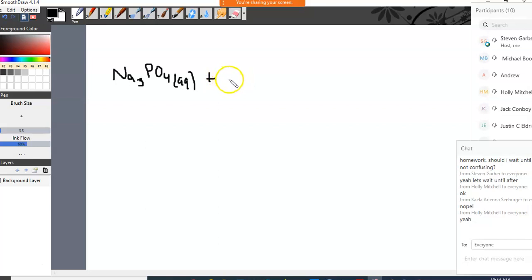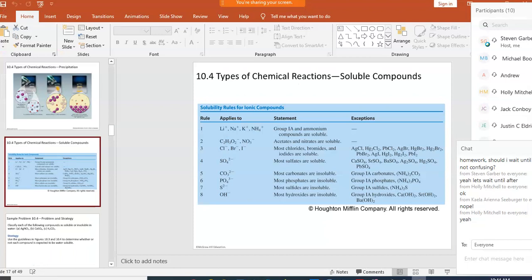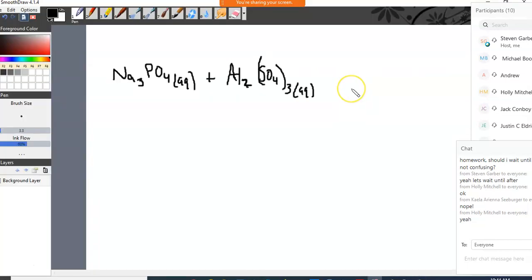And then aluminum sulfate. I guess we did that last time. This is kind of similar to what we did. That should be a 2 and SO4, 3. That's also aqueous. Actually, hold on. Aqueous? Yeah, all sulfates are aqueous, right? Yeah, okay. Except for those exceptions.